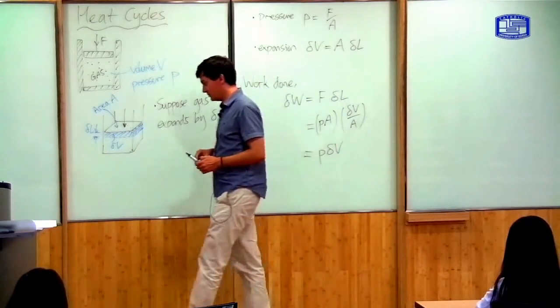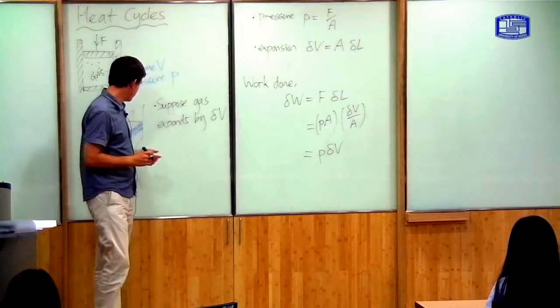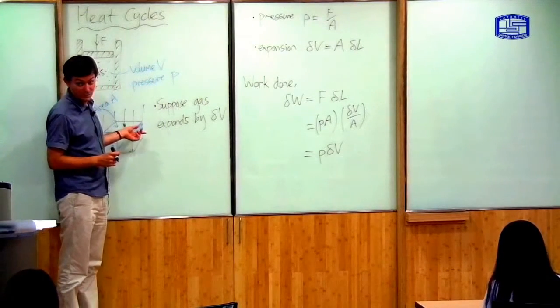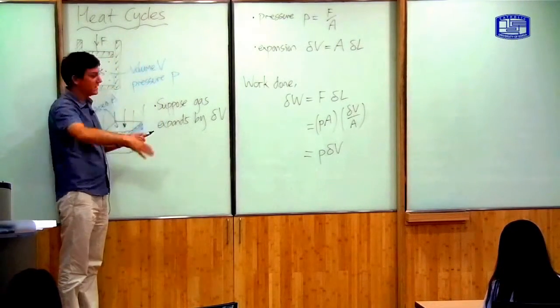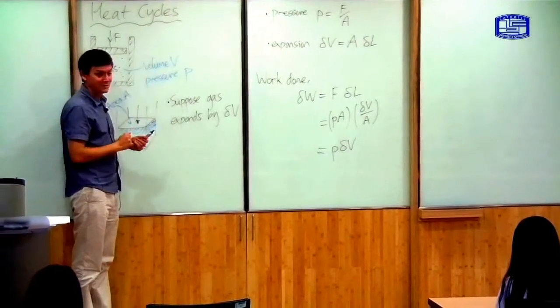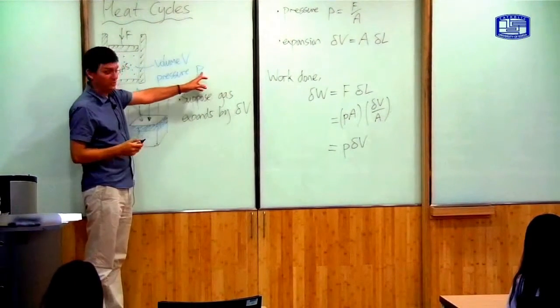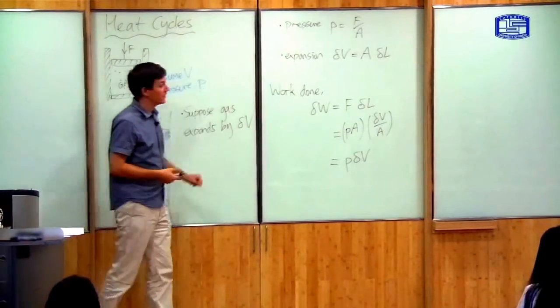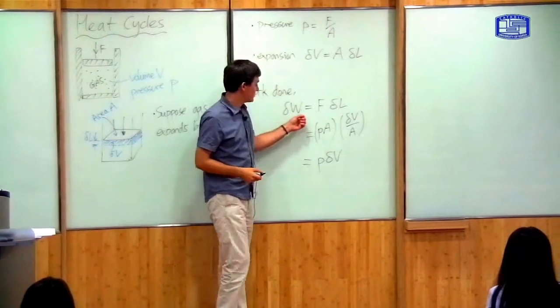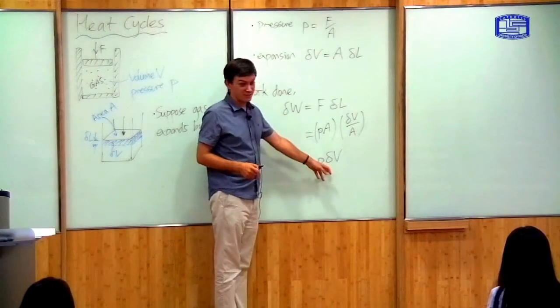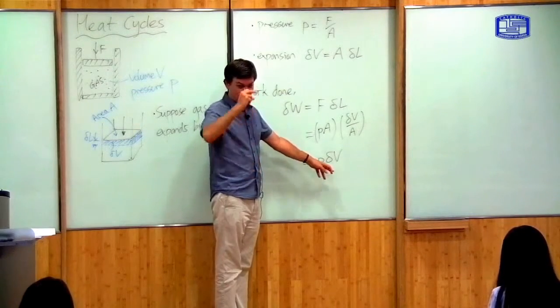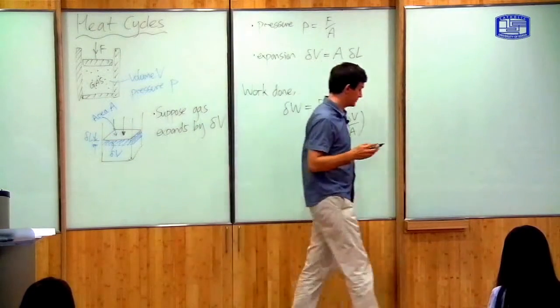Now, in this case, we've imagined that the volume only changes by a very small amount, but over a whole cycle, obviously, the volume can change quite a lot, and the pressure can also change as a function of volume. So in general, to get the general expression for work, we need to integrate this equation over lots of small steps.